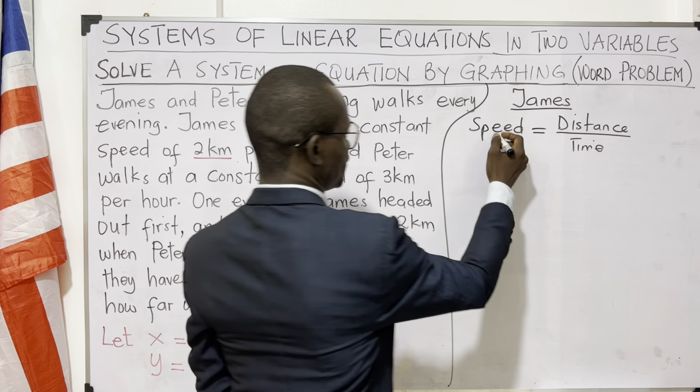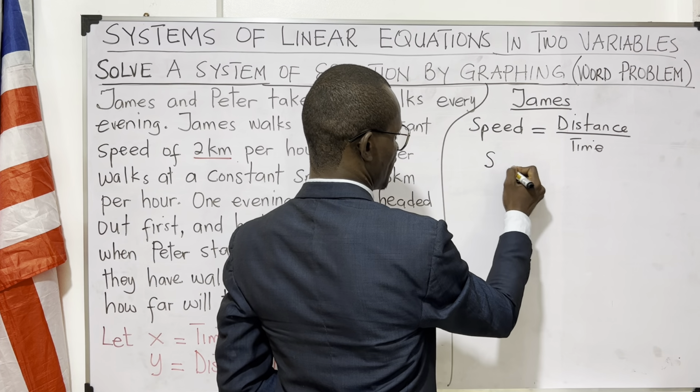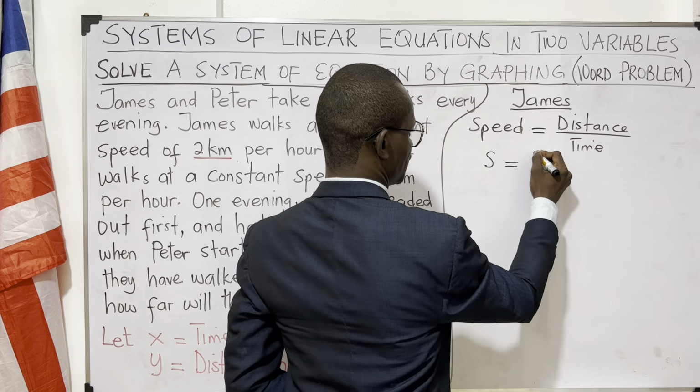So we could represent this as S equals D over T. So what would be the distance? D should be equal to S times T. James walks at a constant speed, so his speed is 2 kilometers per hour.